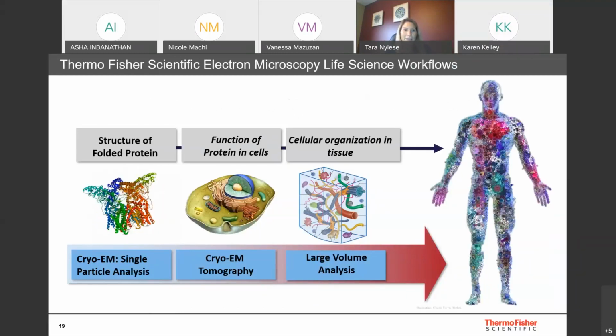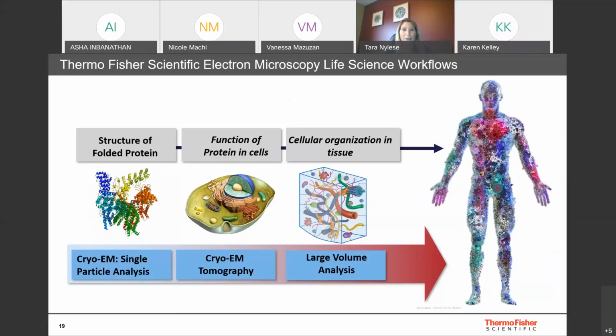And that brings us to an overview of the different aspects of workflows in electron microscopy and for the ones in large volume analysis. So you may be familiar with cryo-EM or single particle analysis, which works at the protein at the smallest level, of atomic level resolution.